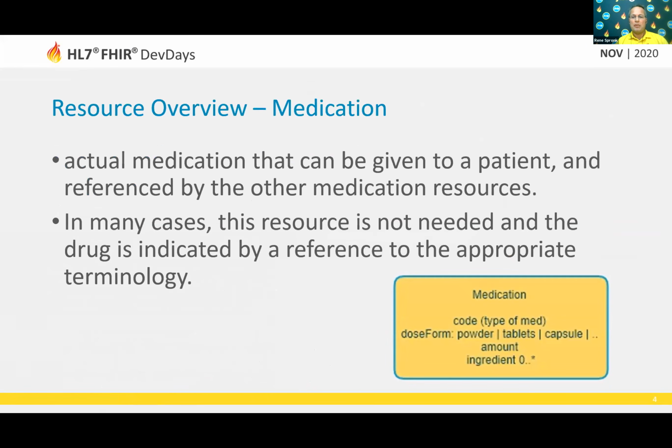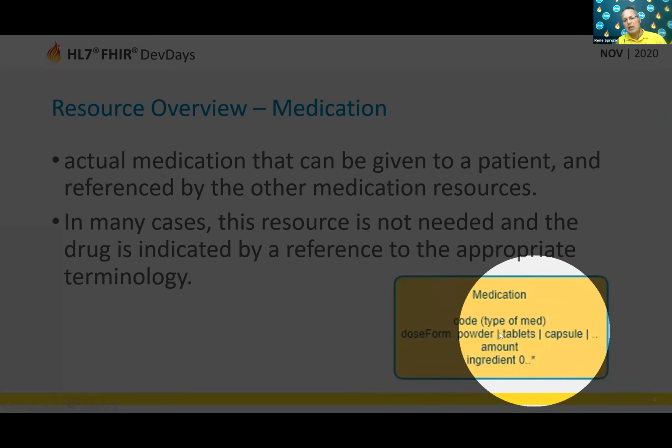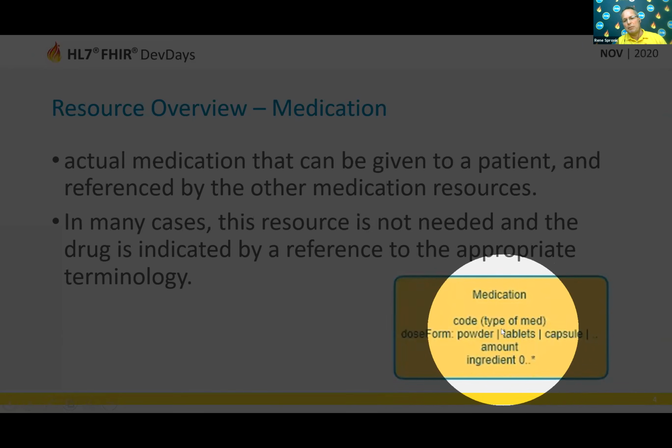So let's have a look at the medication resource itself. So the medication resource is the actual medication that is referenced by the other medication resources, for example, in a prescription or in a substance administration. Now I'm showing you the highlights. So here I've created an extract, and I'm only showing you the data elements that are really of core importance in understanding the medication.